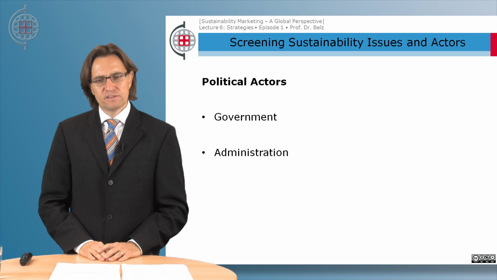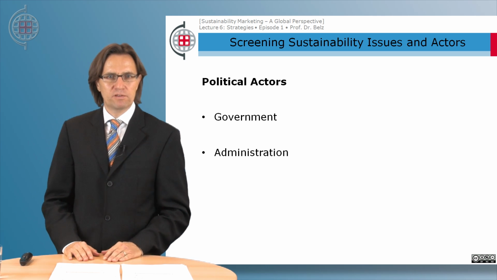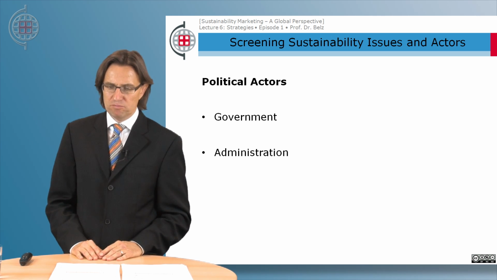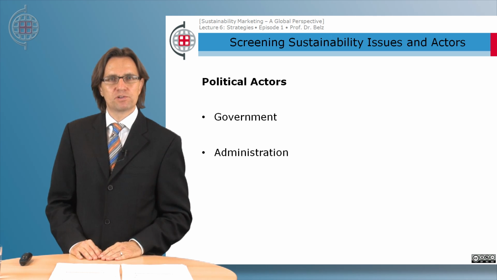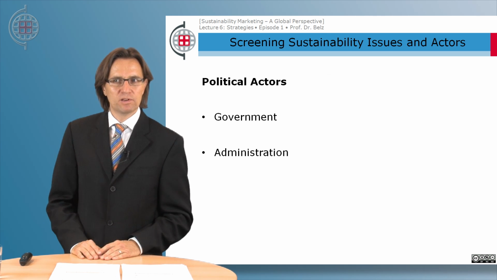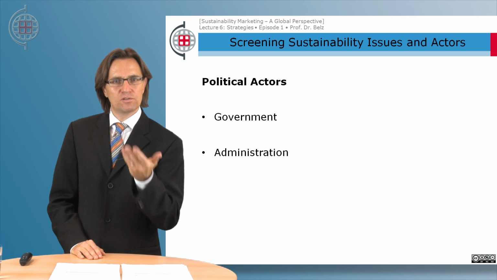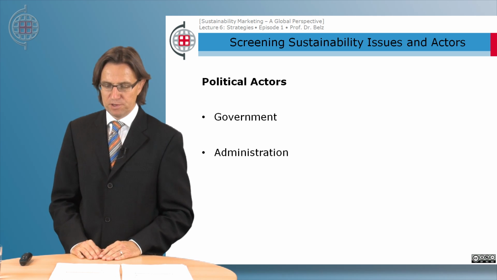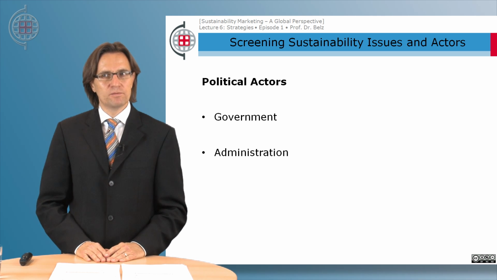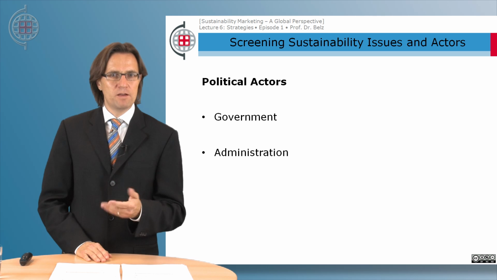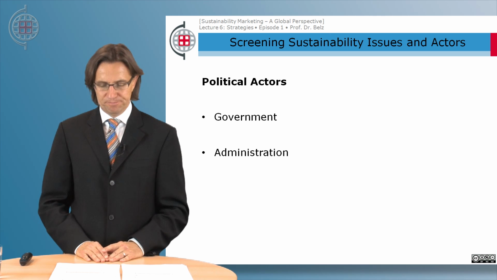They could set up financial measures, for example incentives to develop new sustainable products, or they could promote industry self-regulation, for example labels to indicate certain social and ecological attributes to consumers, like the MSC, the Marine Stewardship Council. It's a label for sustainable fishery.